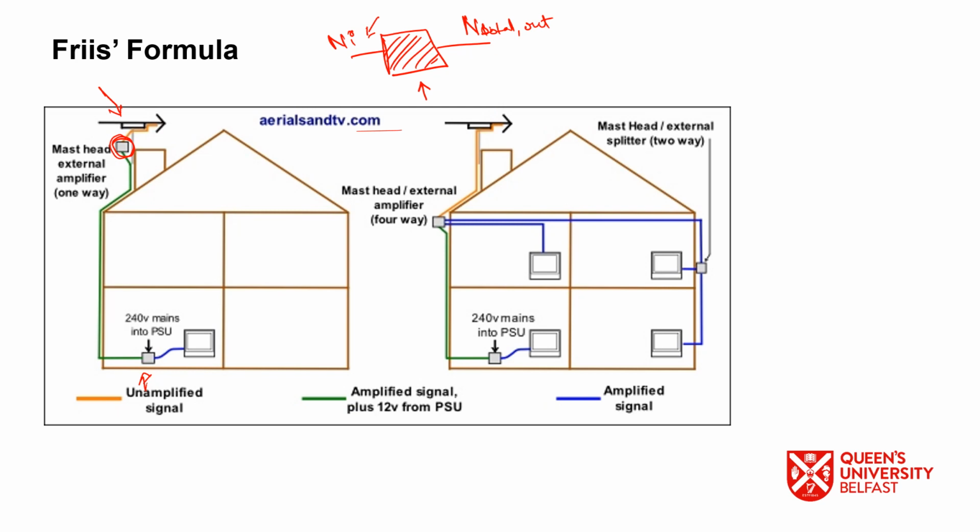Or imagine we have a two-way power splitter, and then another two-way power splitter, and multiple amplifiers placed all over the house just to amplify the received signal from the antenna. Then the system will not look like a very simple single stage system like this one.